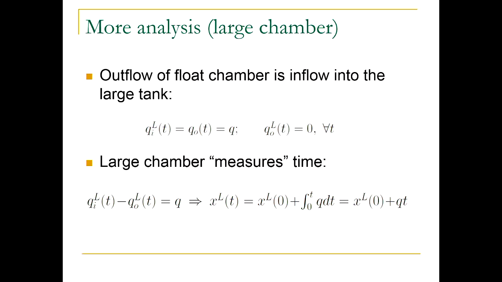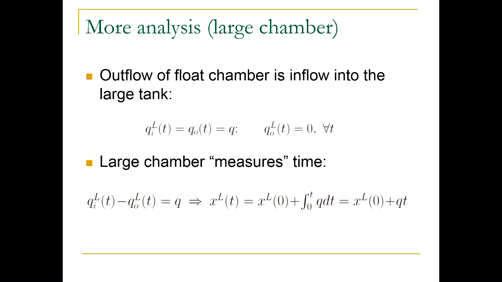So then we are using the same formula, but now Q is constant, right? So output is 0, and this Qi is constant. It's equal to Q. If we integrate the same equation now for the level of the large chamber, it will change linearly, proportionally with time.